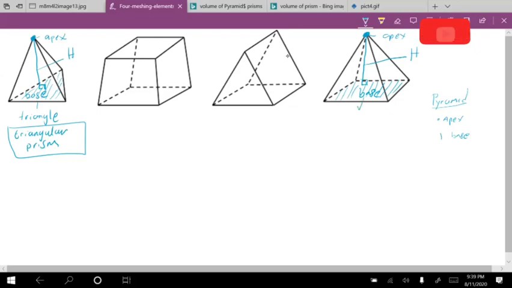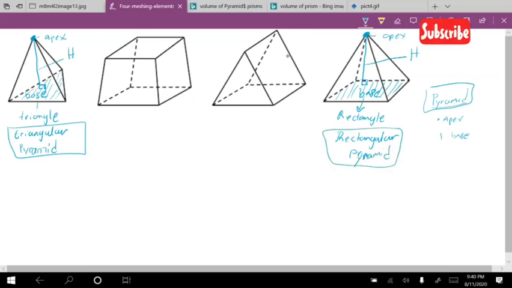But this base has the shape of a rectangle, and so this is named a rectangular pyramid. Sorry guys, we're talking about a pyramid. They get confused like this. You can see I'm already confused too. Pyramid, pyramid, because of the apex and one base.